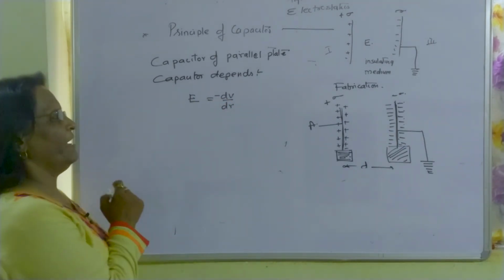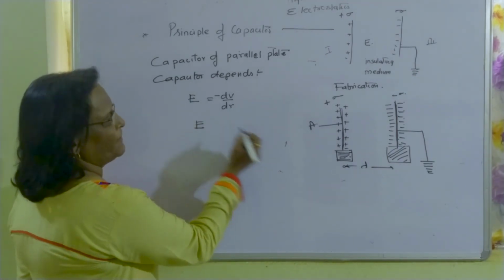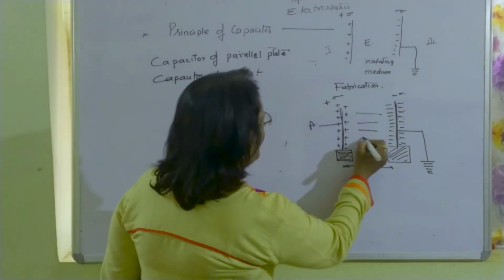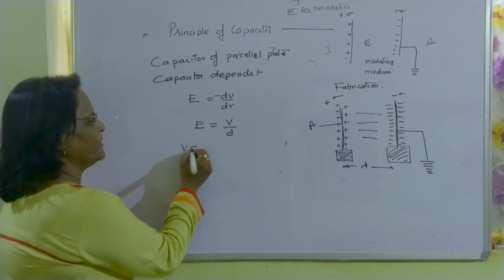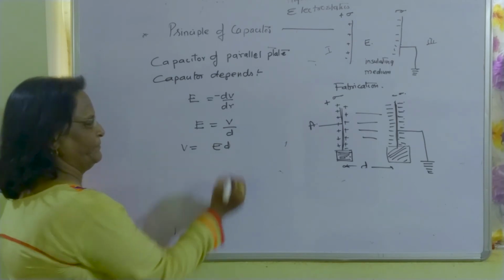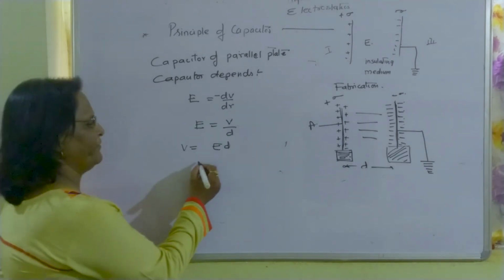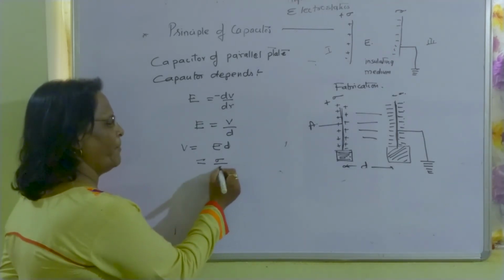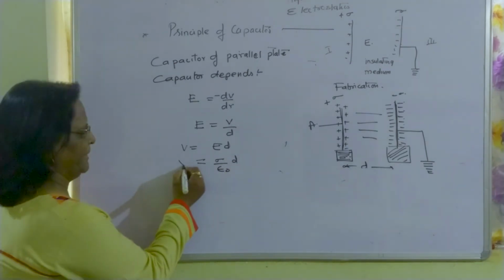In general, when a uniform electric field exists, because here the field lines are parallel, it becomes V upon D. So V equals ED. For a conducting sheet, we have already studied that E will be sigma upon epsilon 0. This is our equation 1.